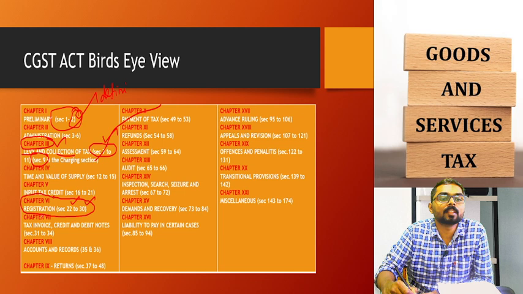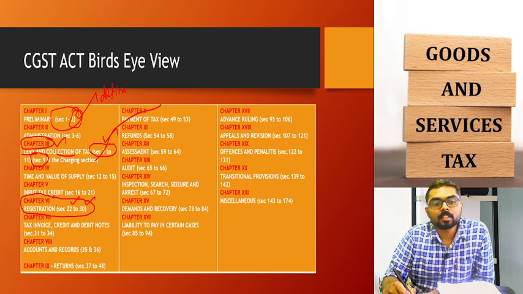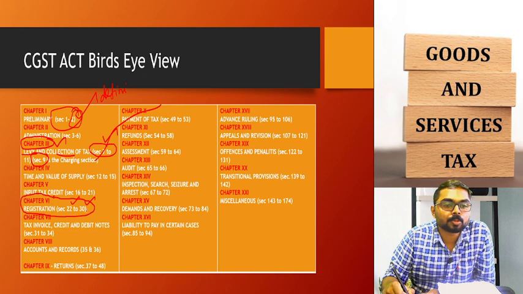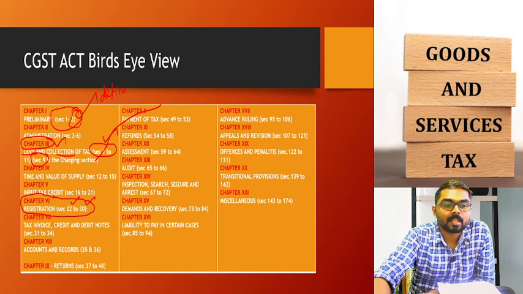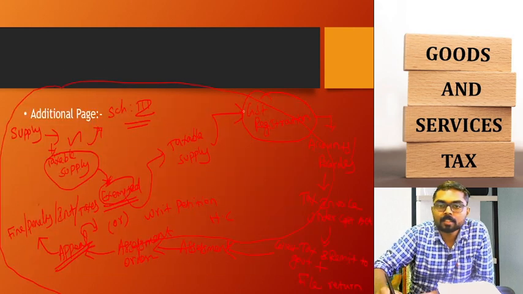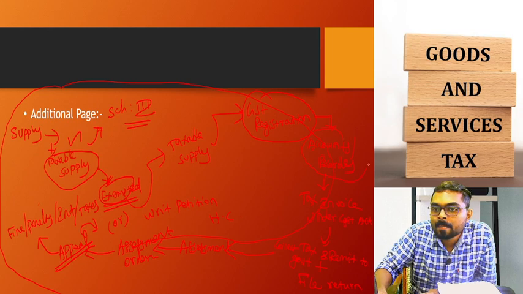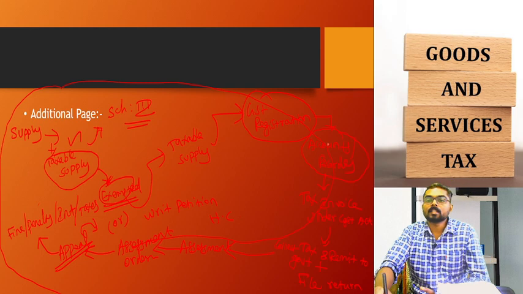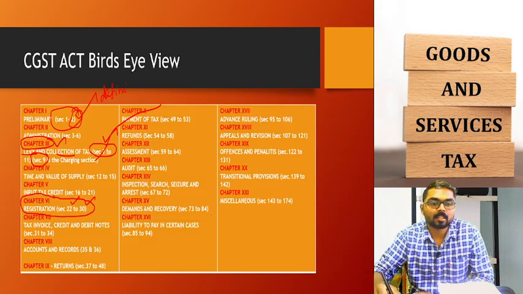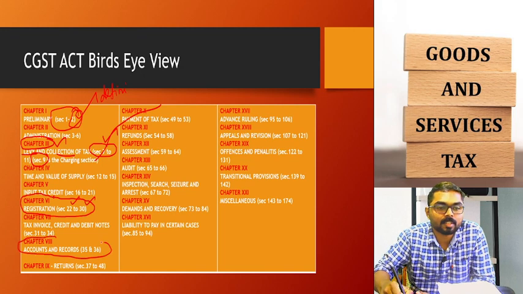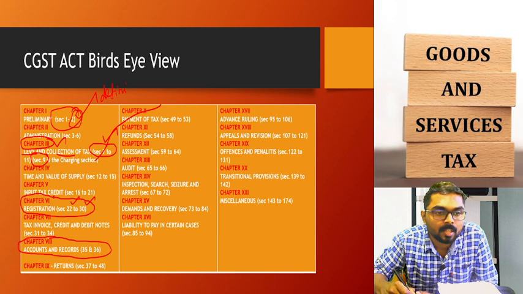Which person needs to get registration, which persons are exempted from registration, when a compulsory registration is needed, all those things they have discussed in section 22 to section 30. Next, after GST registration is done, a registered person needs to maintain accounts and records. Sections relating to accounts and records are mentioned in section 35 and 36 in chapter 8.